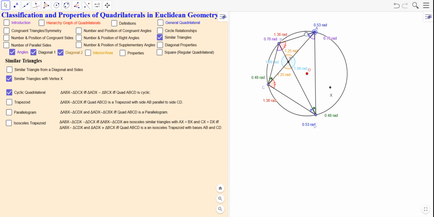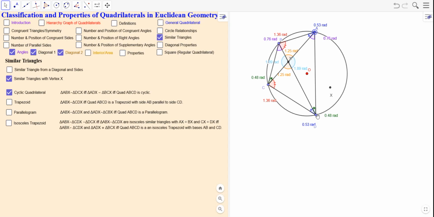Okay, so from what we proved the other direction, we know if it's a cyclic quadrilateral, that this angle ABD prime is going to be congruent to the angle ACD prime. Those two angles have to be congruent because they intercept this same arc over here. Okay, that's for the point D prime, which we know is on the circle.